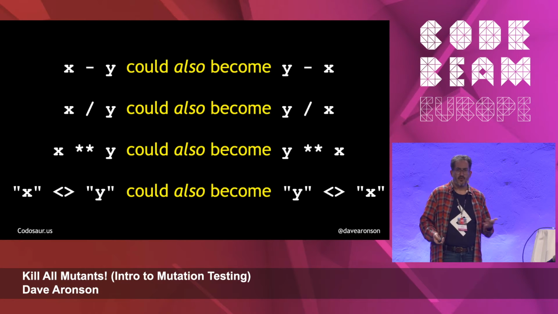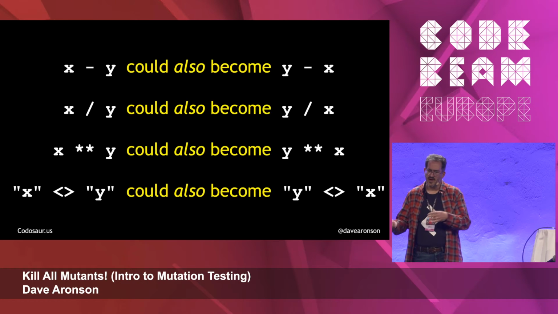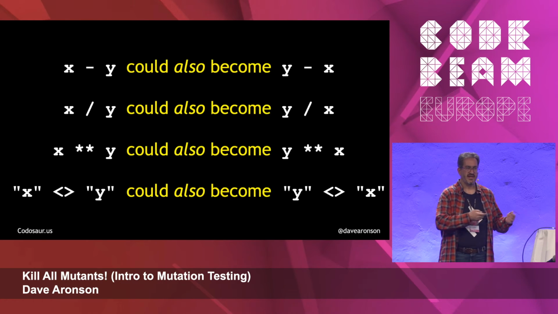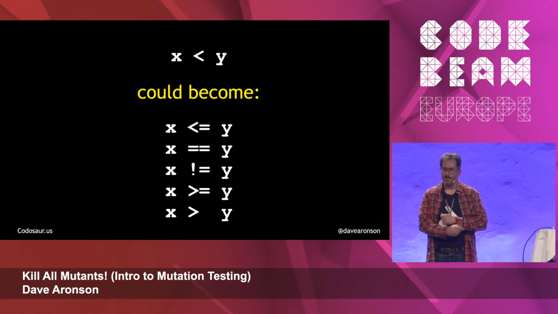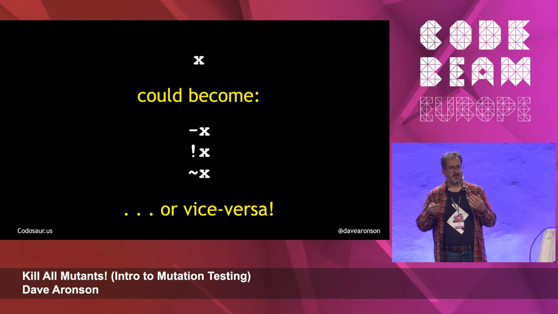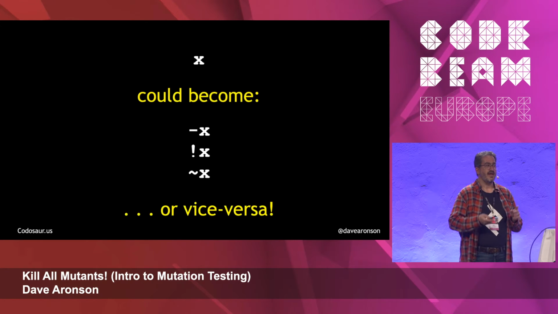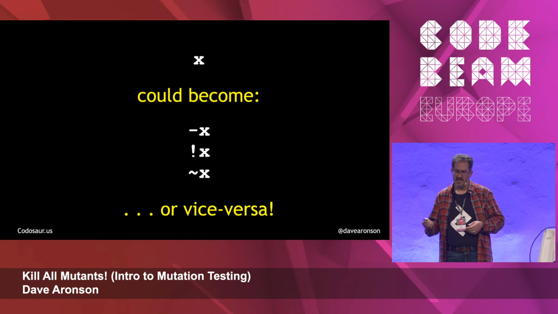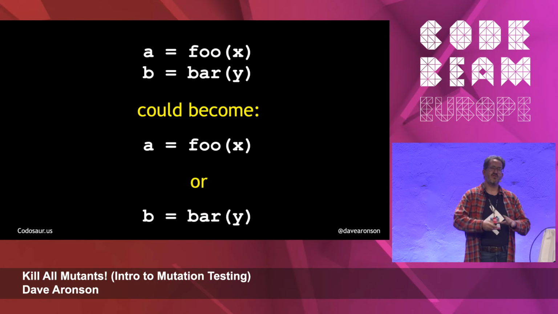When the order of operands matters, such as in subtraction, division, exponentiation, or string concatenation, it can swap them. It can change a comparison from one to another. It can insert or remove a logical, bitwise, or mathematical negation. It can remove entire statements.